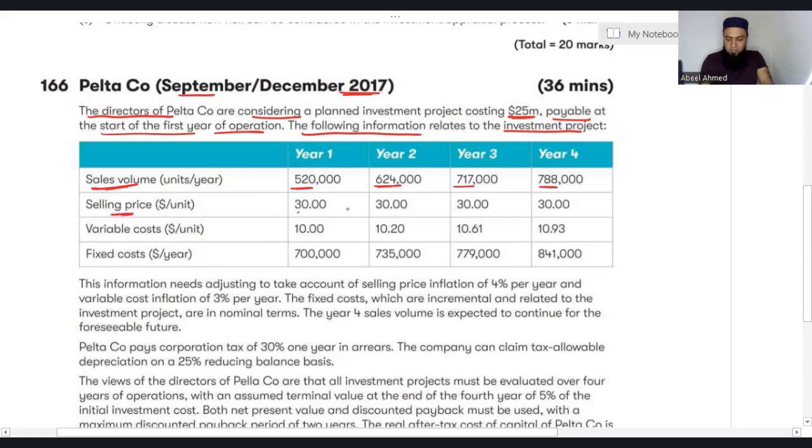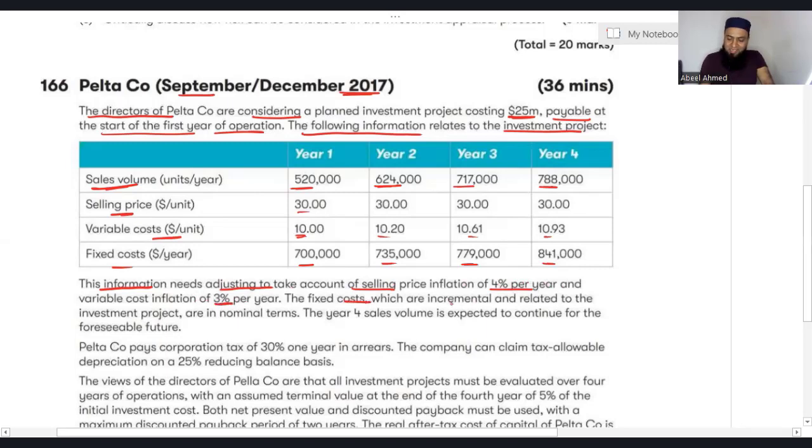Selling price is 30, 30, 30. Variable cost per unit is this. Fixed cost 700, 735, 779, 841. This information needs adjusting to take account of selling price inflation of 4% per year. So you have to incorporate inflation of 4% per year in the selling price. Variable cost inflation is 3%.